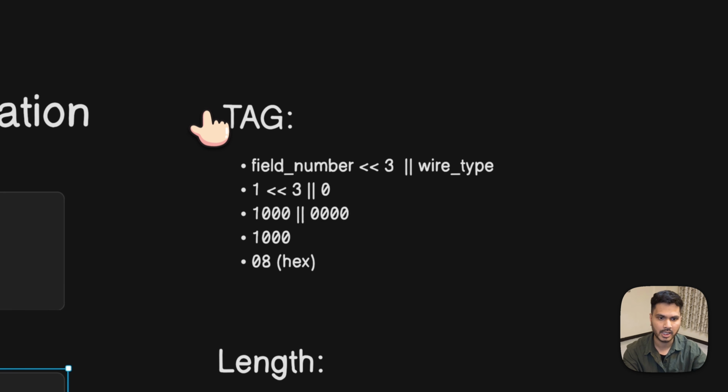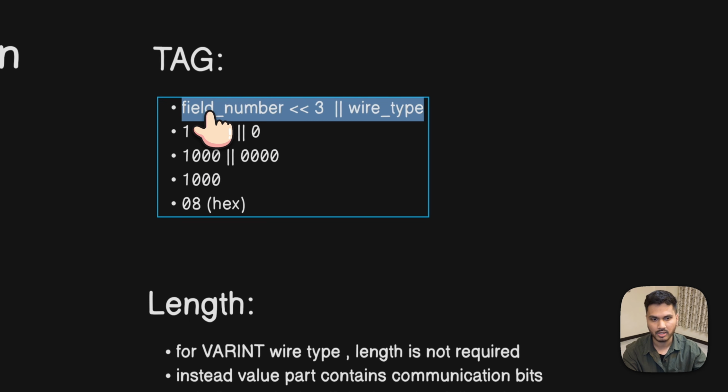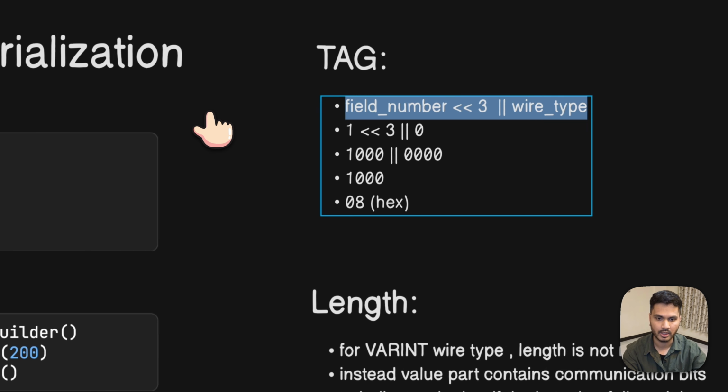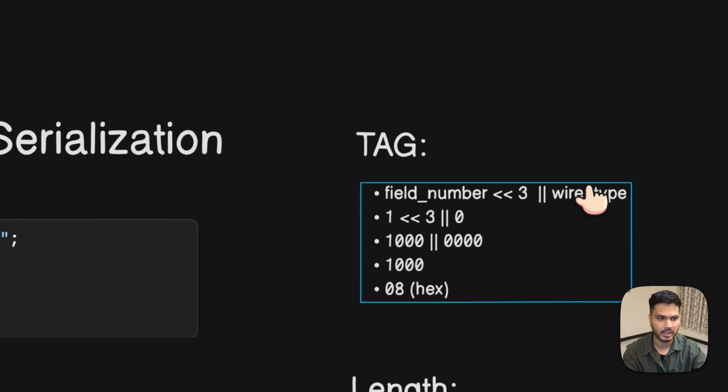First thing, T stands for tag, and tag consists of the field number and the wire type. In our example, the field number is the position of the field and it is 1. Second thing, wire type.